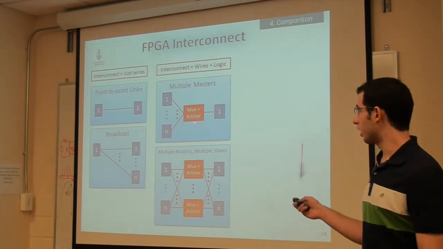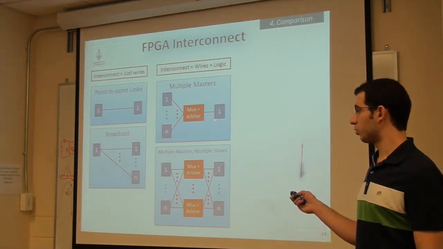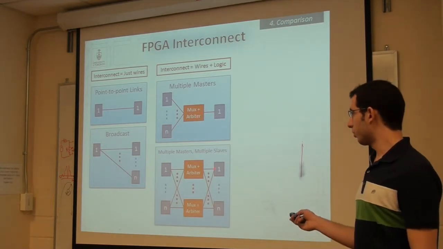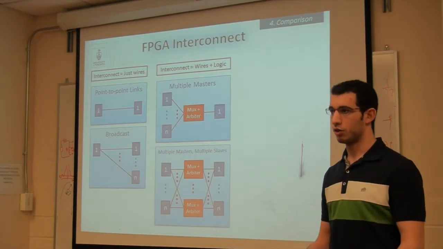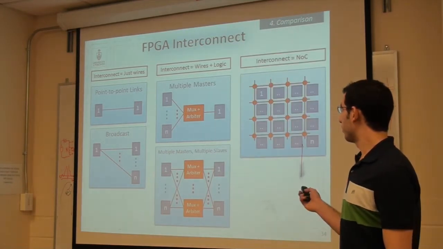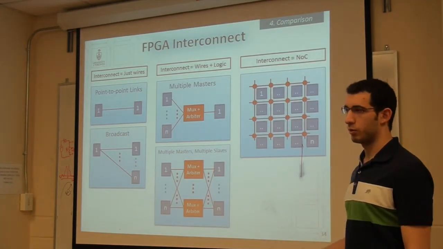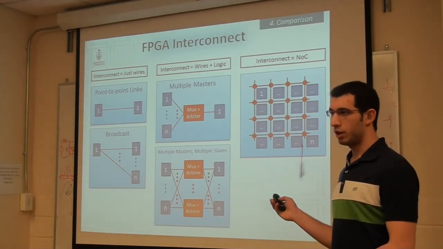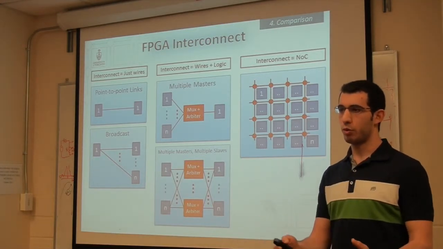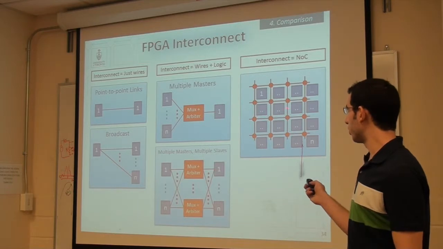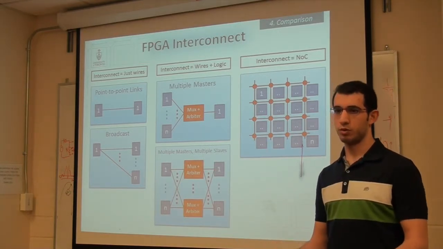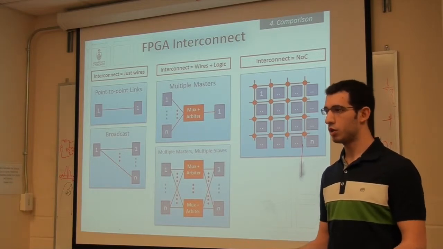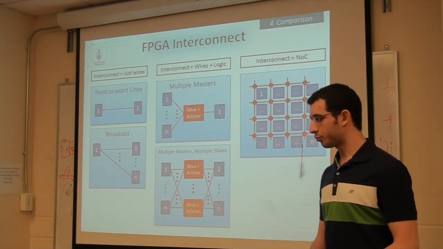In that case, we can have multiple masters talking to a single slave, or multiple masters to multiple slaves. So this kind of interconnect requires both wires and logic. And we can have the NOC, which is what we've been talking about. The NOC can implement both kinds of communication. We can do point-to-point communication here, or we can have arbitration through the routers. It's more distributed arbitration, but it's the same result.